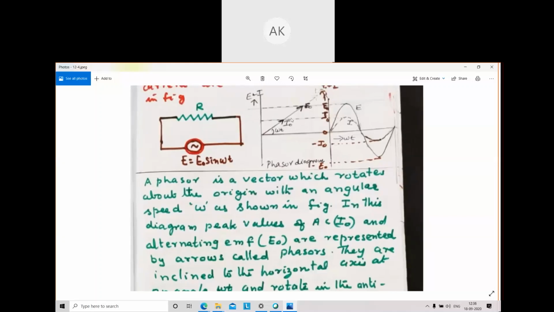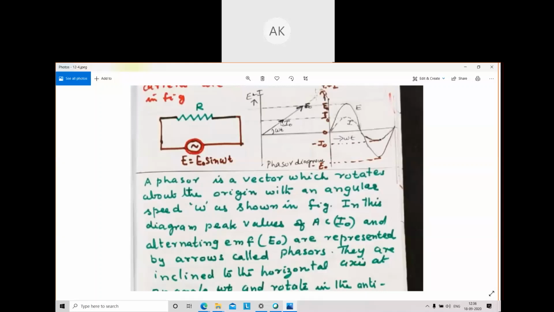Just by seeing that, you should be able to tell that E0 and I0 are in the same phase. Omega t is the phase. And why is I0 marked with less length? Because I0 is E0 by R, where we divide E0 by the resistance of the circuit.